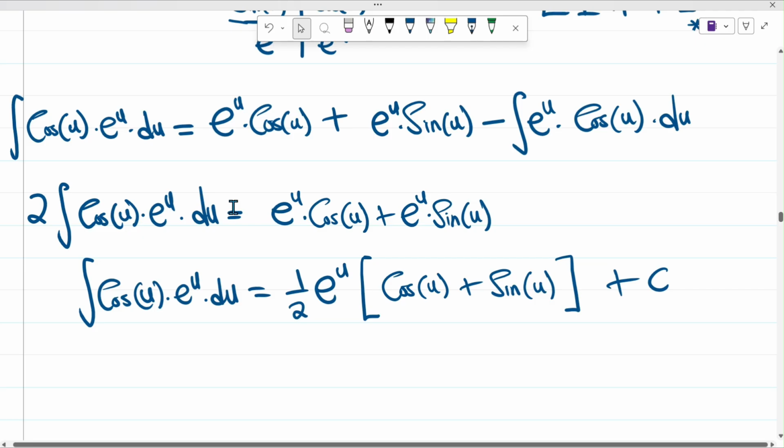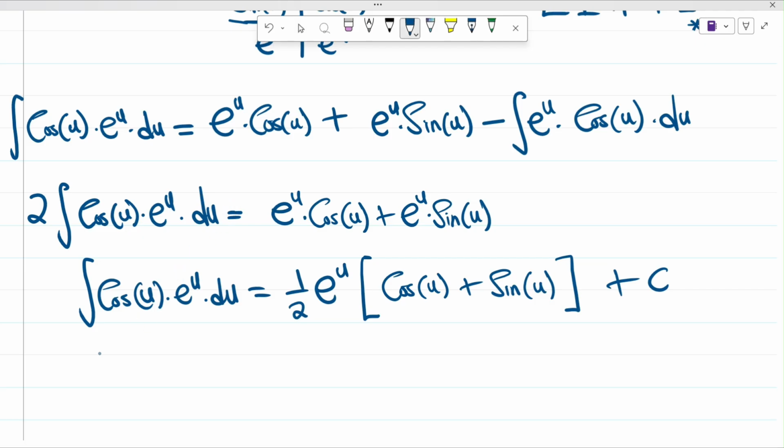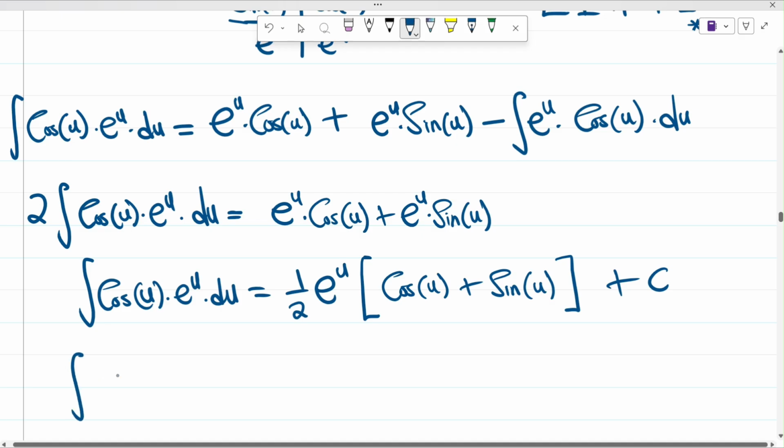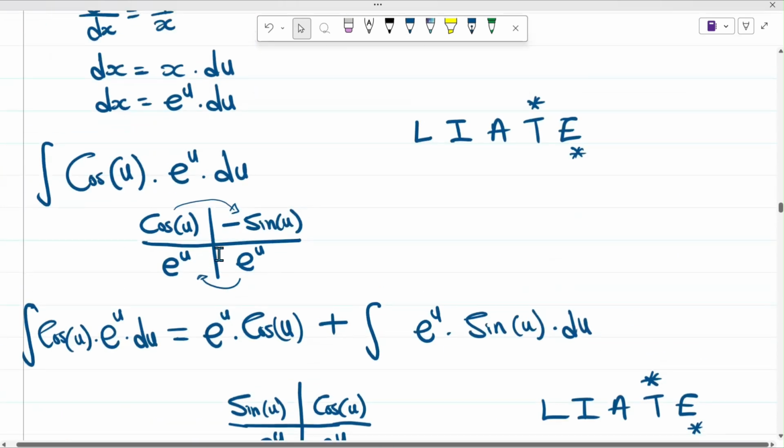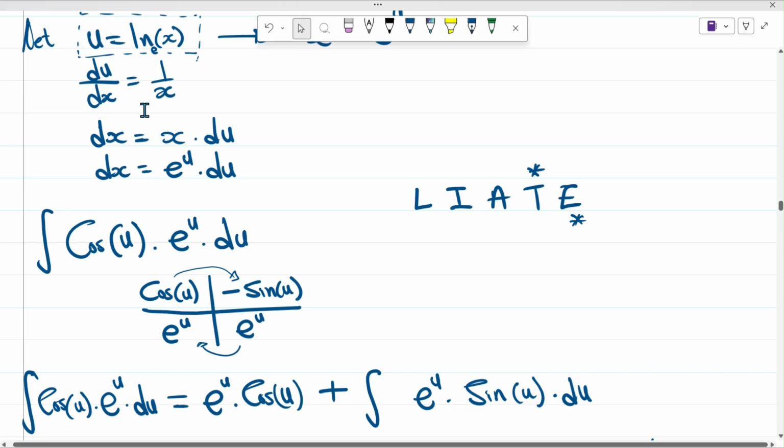You understand? So here I'm solving for the integral of cos of ln of x, because ln of x is equivalent to u. E to the power u is equivalent to x. And then how about du? Du itself, it is equivalent to what?